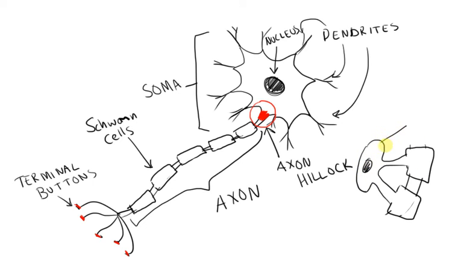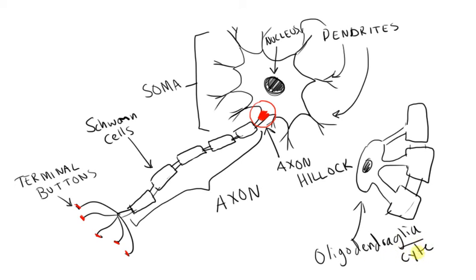Maybe he would have one more here holding on, and he's responsible for multiple of these myelin wrappings. And the name of this dude is an oligodendroglia, or sometimes you'll see oligodendrocyte. So instead of glia, you have cyte.